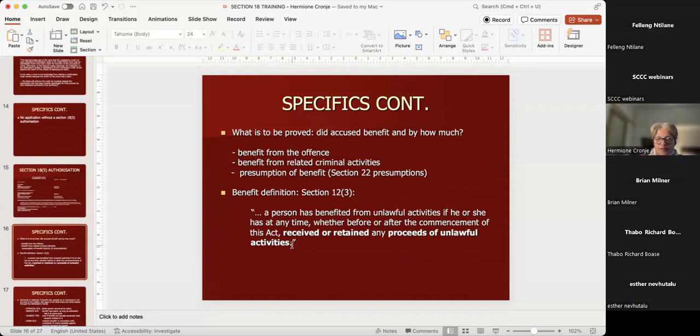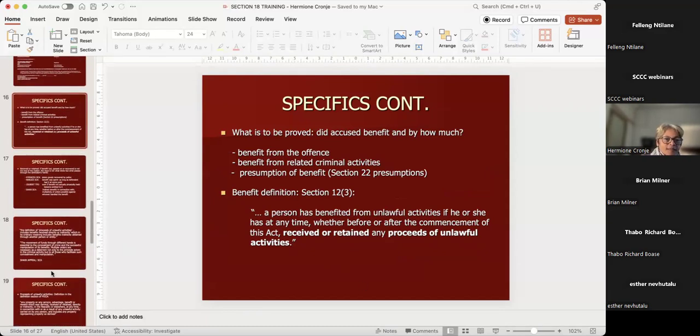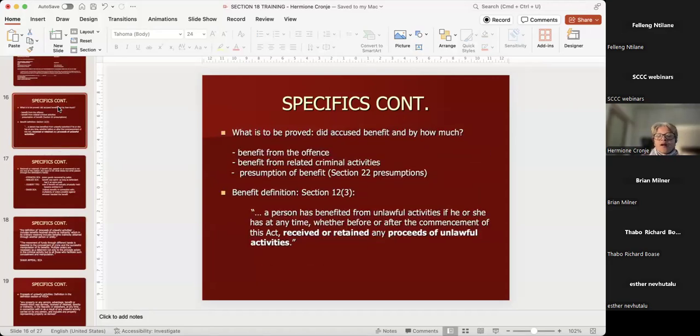I want to just conclude on how the benefit inquiry is conducted, and then open for us to have a bit of a discussion on some of the issues that arise in these inquiries. So as I said, the inquiry is essentially: was there a benefit, and what is the value of the benefit? And as I said, it can get complicated because you can also look into benefit derived from related criminal activities, and that phrase has also been considered by the courts.